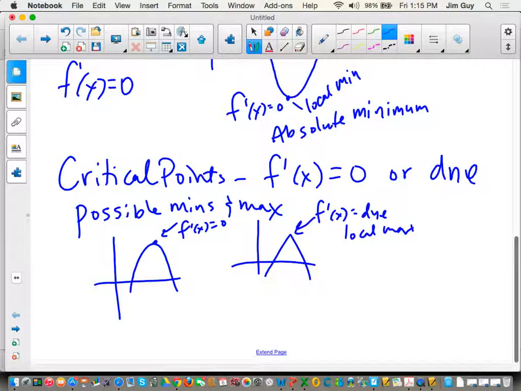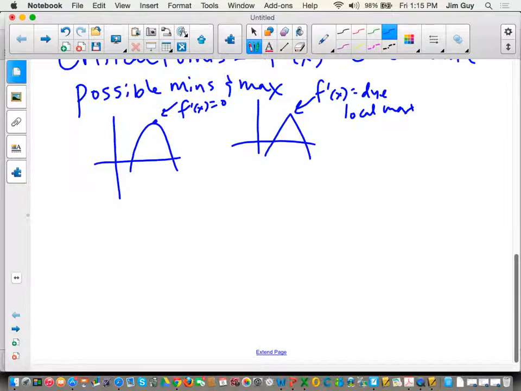Now, all places where the first derivative is equal to 0 are not maxes and mins, though, but they are critical points. So both of those are critical points. A critical point, but not max. And by max, when we just say a maximum or minimum, we mean local or relative, okay, not the absolute.